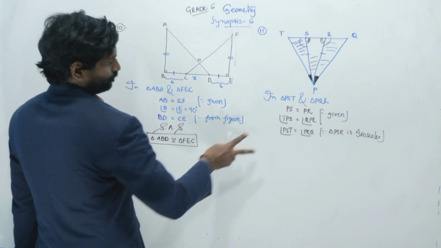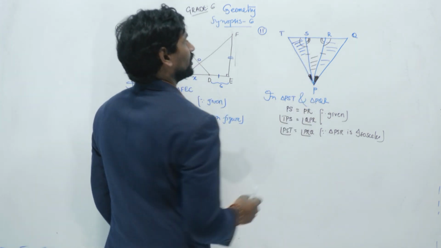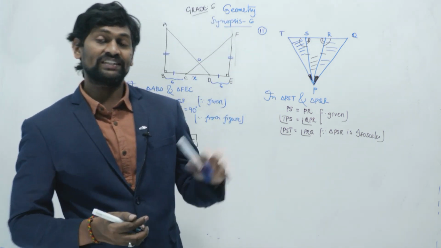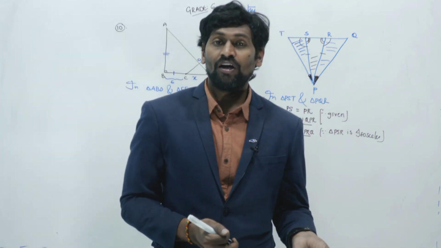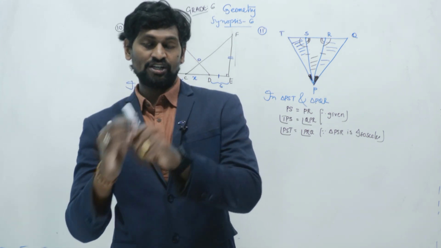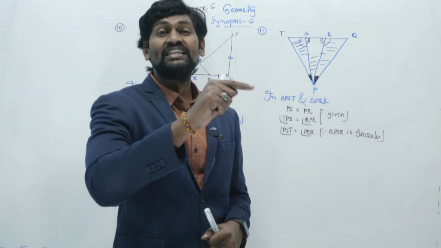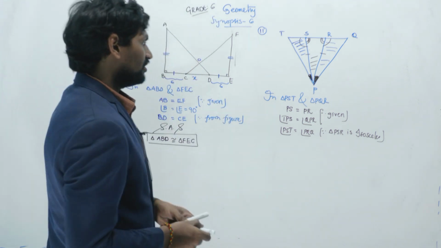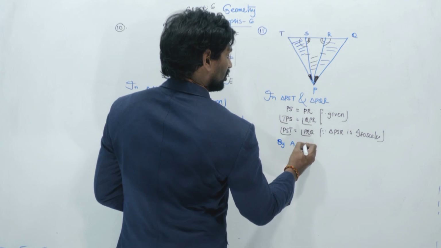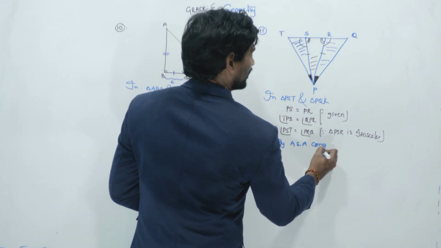Now two angles and one side. Just observe whether the side is the included angle's side or not. If it is included, we use the ASA congruence rule, or else the AAS rule. So we take ASA congruence because it is included.